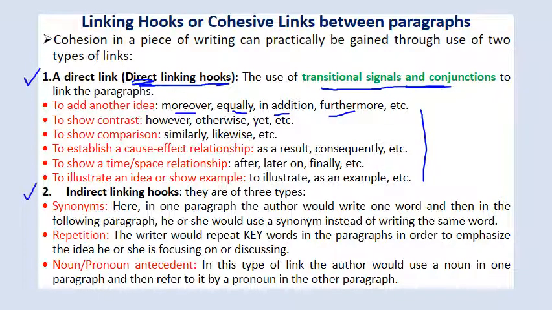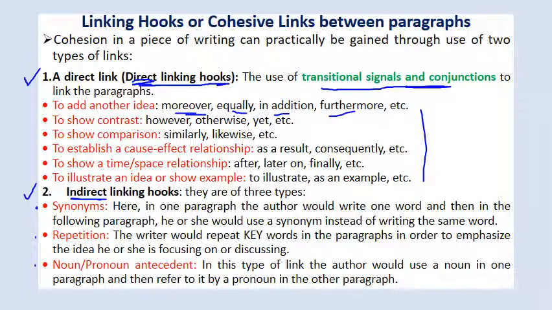However, when the author uses synonyms, repetition, and noun-pronoun antecedents, he is linking the ideas indirectly. So, direct linking hooks: he writes paragraph 3 and then he begins paragraph 4 with moreover. He is adding another idea.